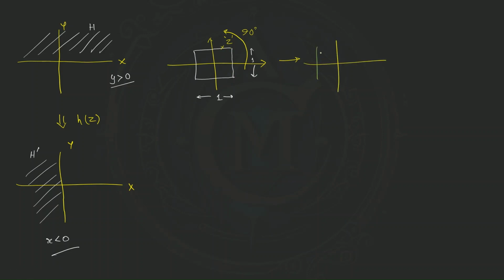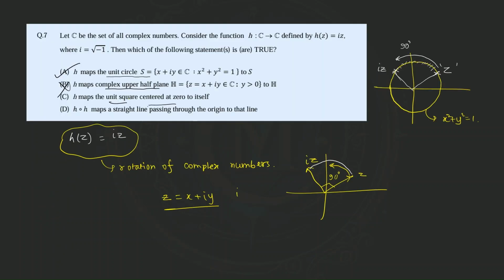As the square is symmetric about the origin and about all the quadrants, this square will be the same as the previous square. So h maps the unit square centered at 0 to itself. This statement is also true.